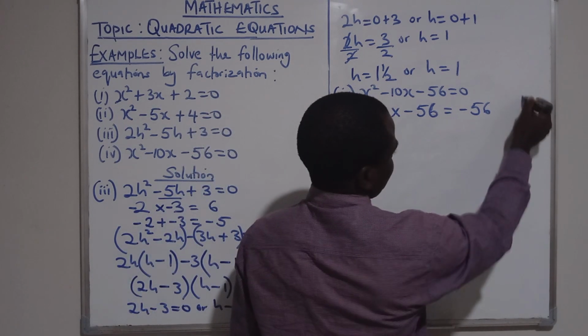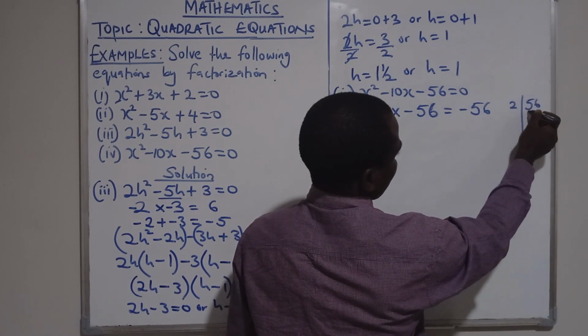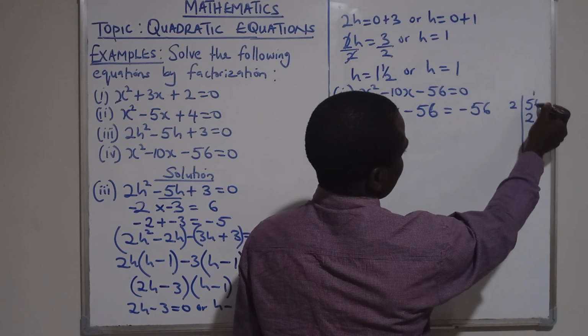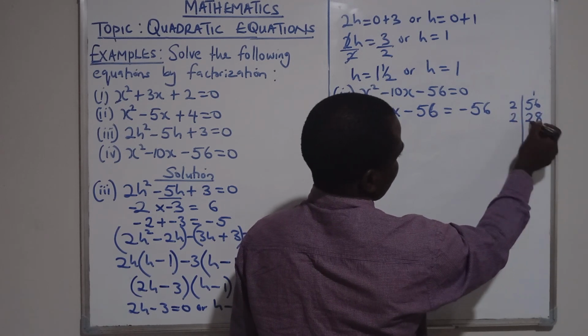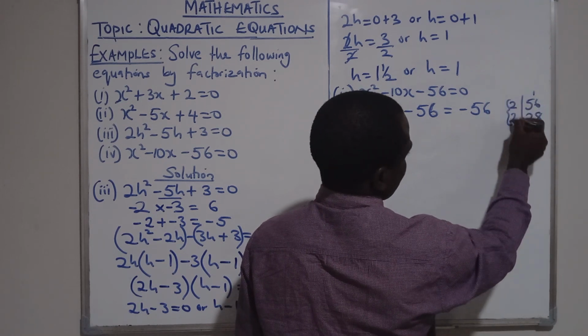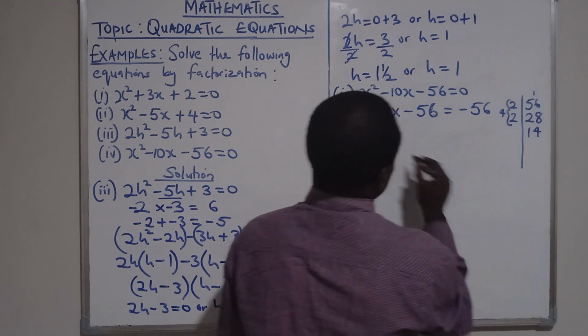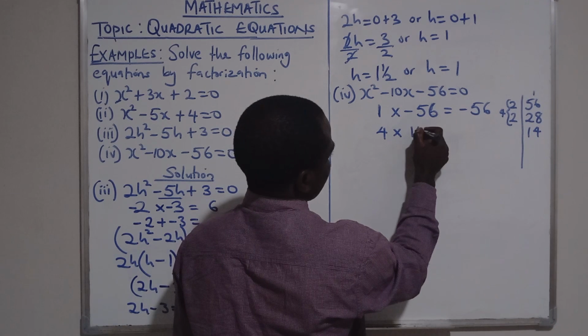Now let's start. 56: 2 goes in 5, 2 in the 1, 2 goes in 16, that's 8, 2 goes in 2, 1, 2 goes in 8, 4. Now you can see this one is 4. Let's try 4 multiplied by 14.